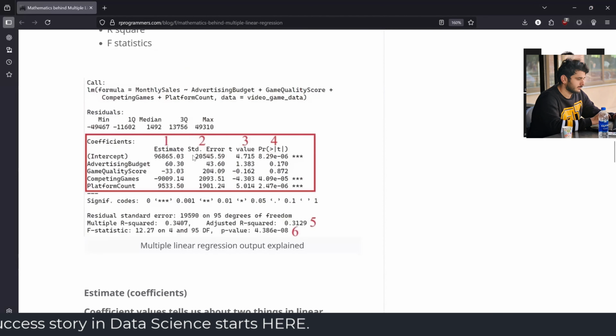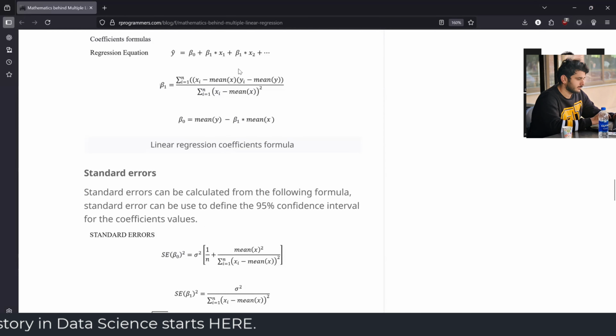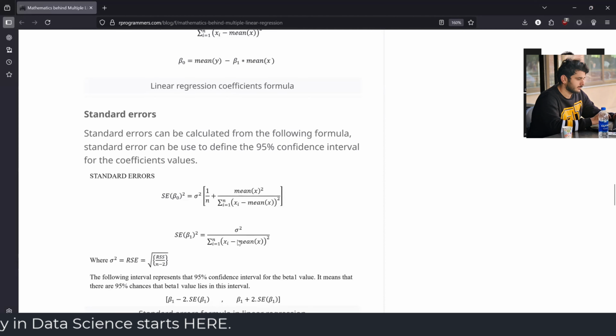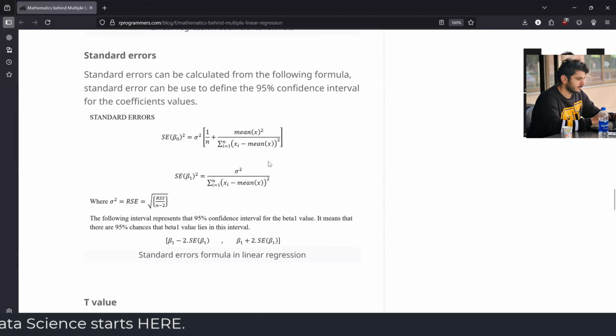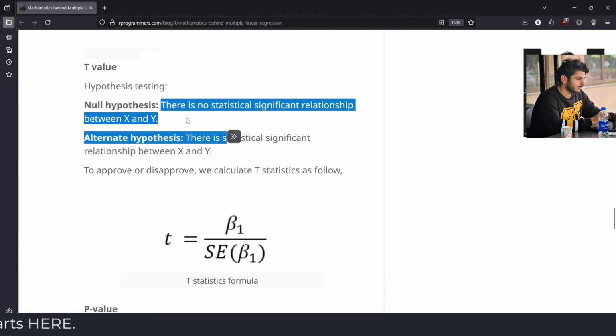The standard errors that we get here are basically the continuation of the analysis. Based on these beta naught and beta 1, we get the standard errors, and from standard errors, we get the t-value. Now, t-value is a test statistic. A test has a null hypothesis and an alternate hypothesis. The null hypothesis says that there is no significant relationship between x and y.